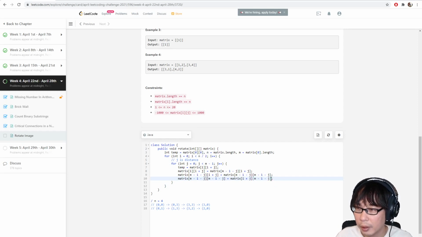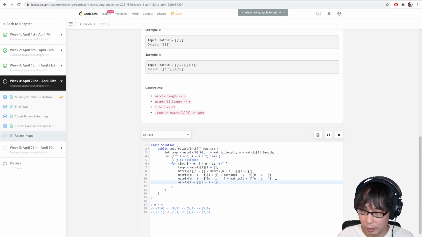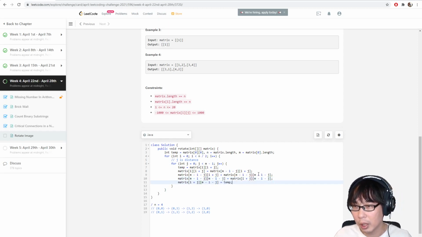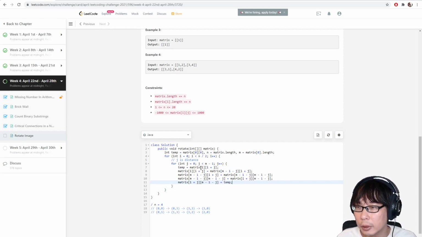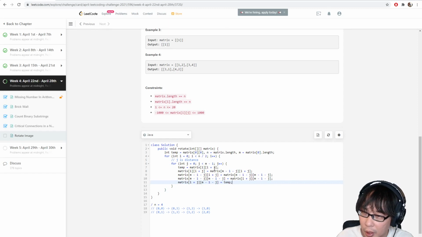And then finally this will equal temp. Okay, so I start with i minus j.